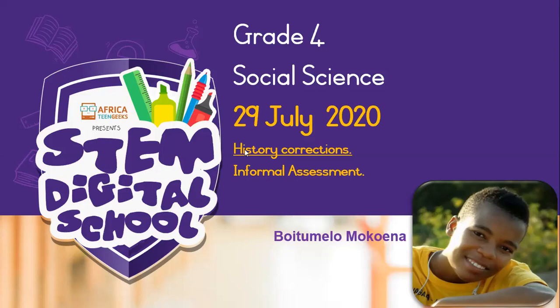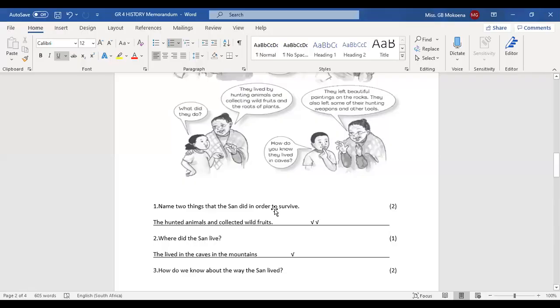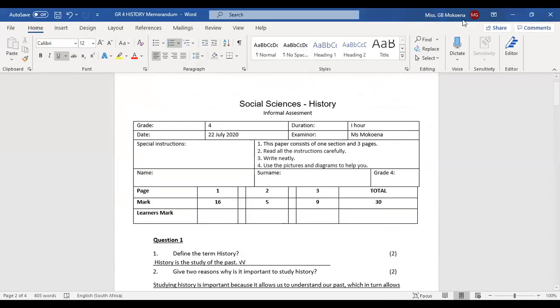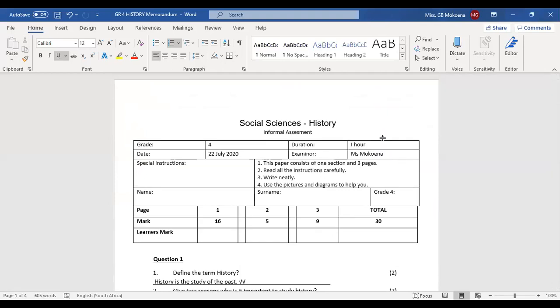So, let me change the screen so we can quickly move. Here we go. This is how your paper looked.